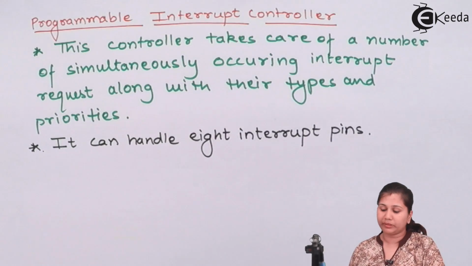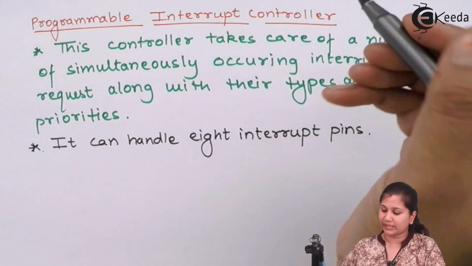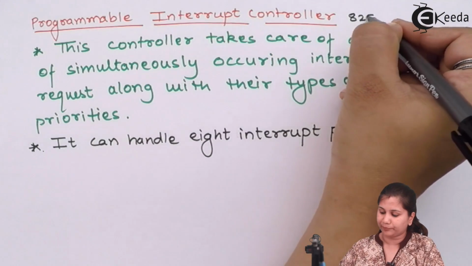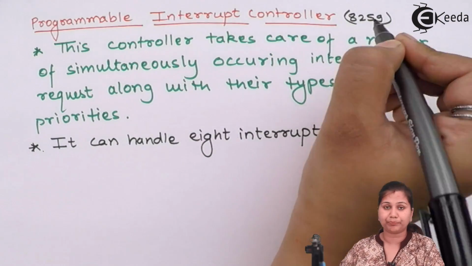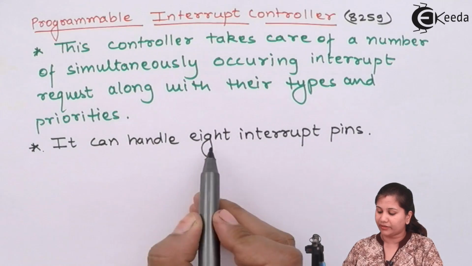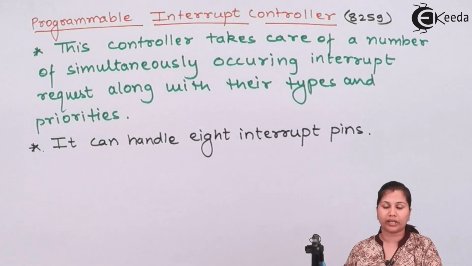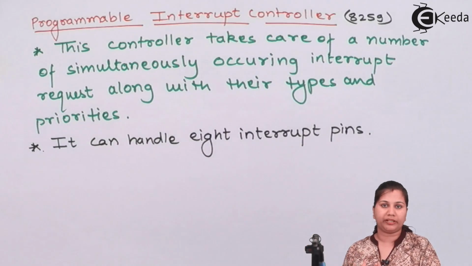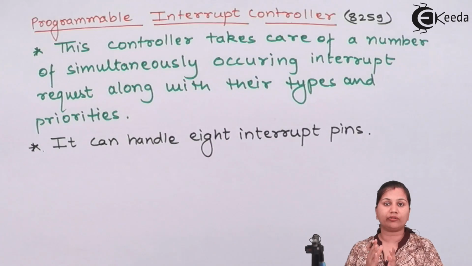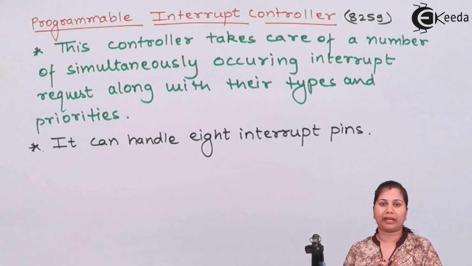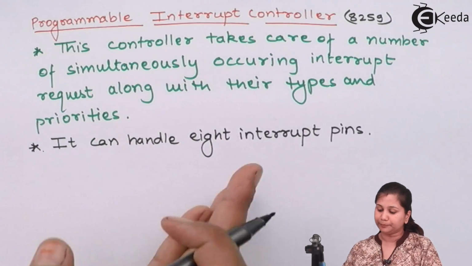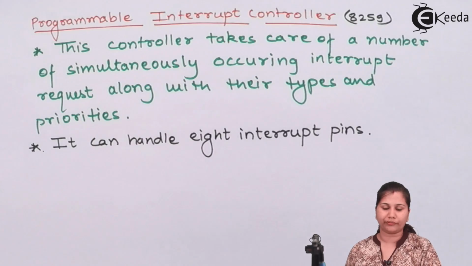Now this programmable interrupt controller, whose IC number is 8259, also known as PIC, can handle 8 interrupt pins. So 8 input output devices which are sending 8 interrupt requests to the microprocessor can be handled through this 8259.